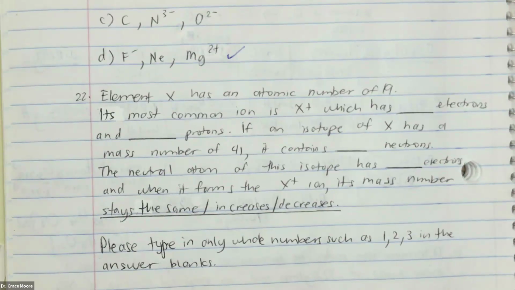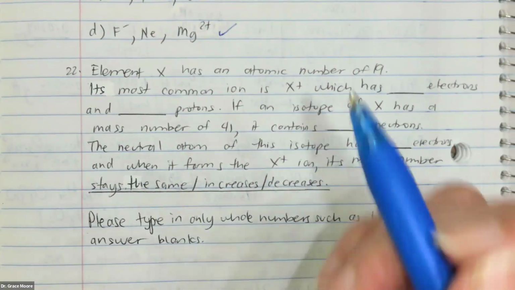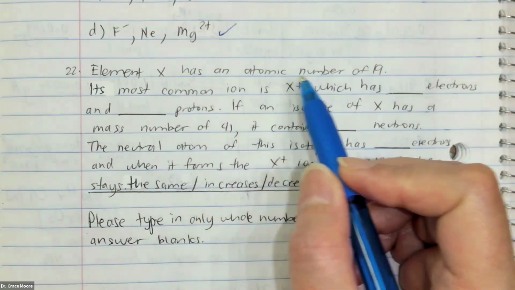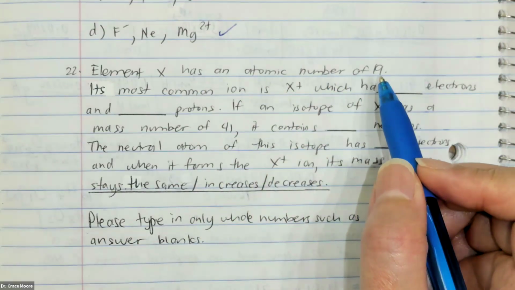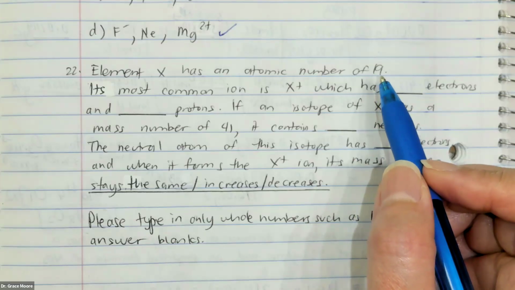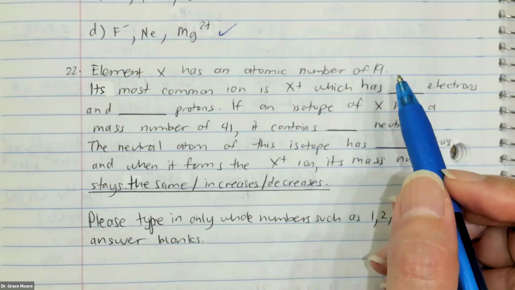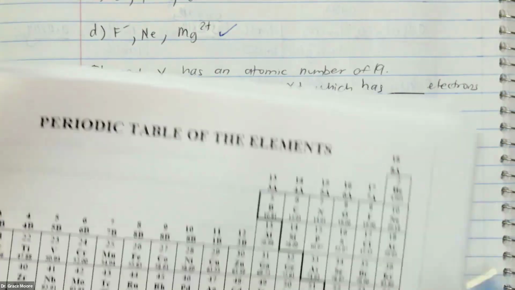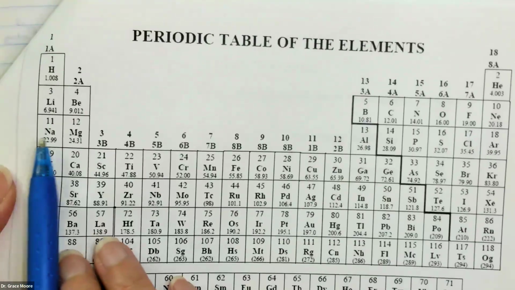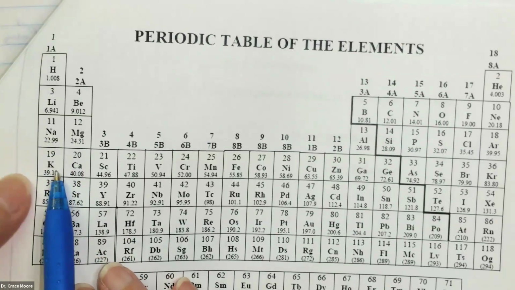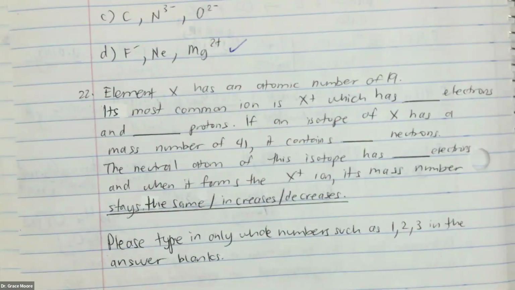All right, let's take a look at this last question, number 22 here. It says element X has an atomic number of 19. So that means it has 19 protons. The atomic number is the same thing as protons. So technically, if this is hypothetical, you could still look and say, what's number 19? Number 19 is potassium. X is potassium.